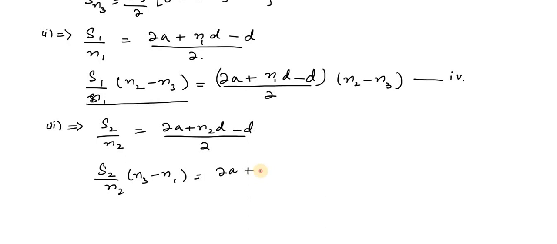So (2a plus N2 into D minus D) upon 2 multiplied with N3 minus N1. This we say is our equation number 5.